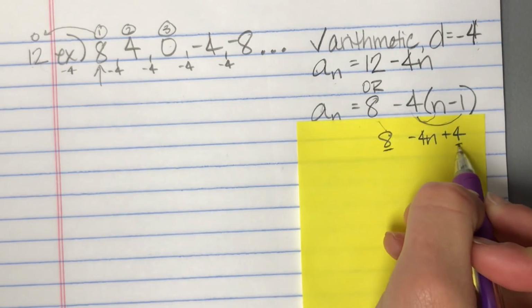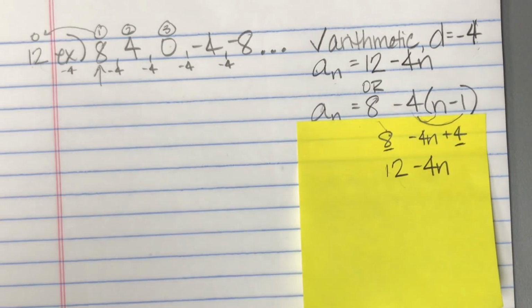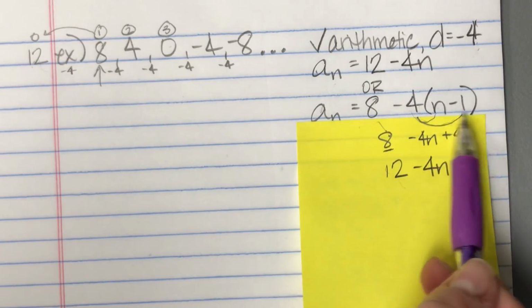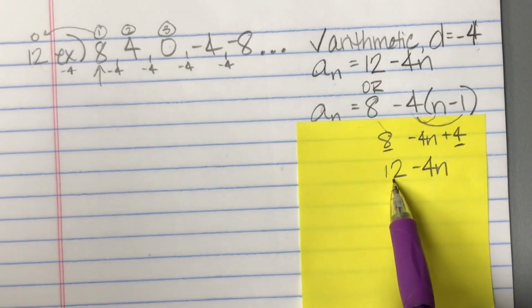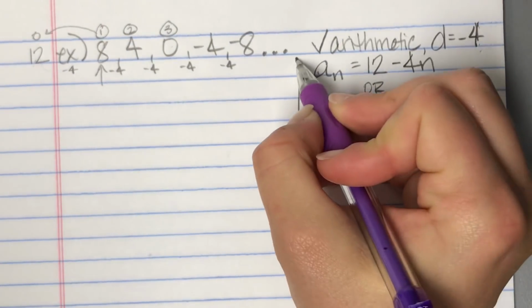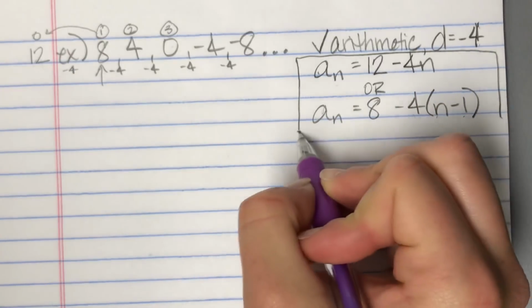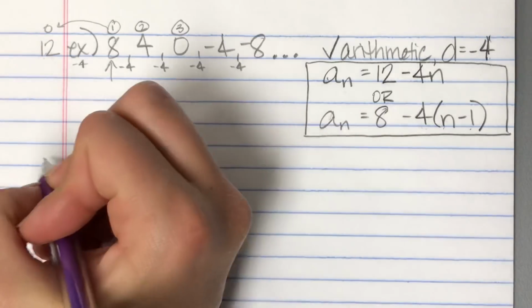Then when we combine like terms, we end up with 12 minus 4n. So doing that n minus 1 is basically just a way to make up for the fact that you're cheating and not starting with the y-intercept, okay? Both of these are correct. Both of these are good answers. Both of these are answers that you might see in a multiple choice question.